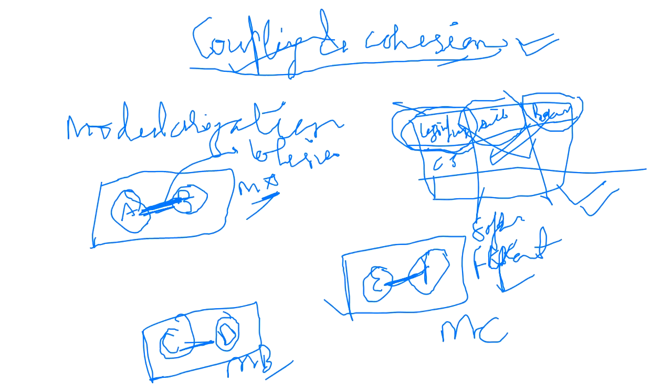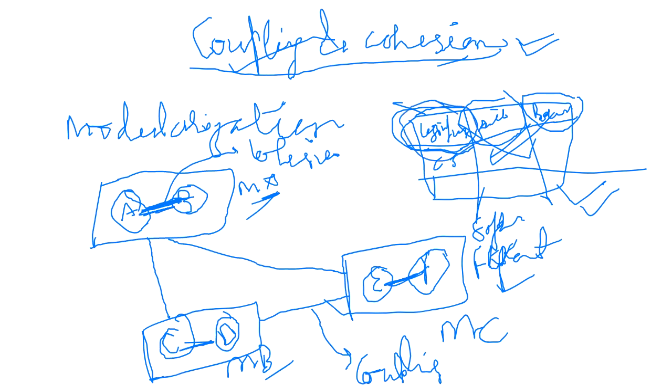And if module A is interacting with module B, module A with module C, and module B with module C, if modules are interacting with each other, that will be known as coupling. Meaning inter-module communication. You have created one login module and one products catalog module, and if these two modules are interacting with each other, that will be known as coupling.